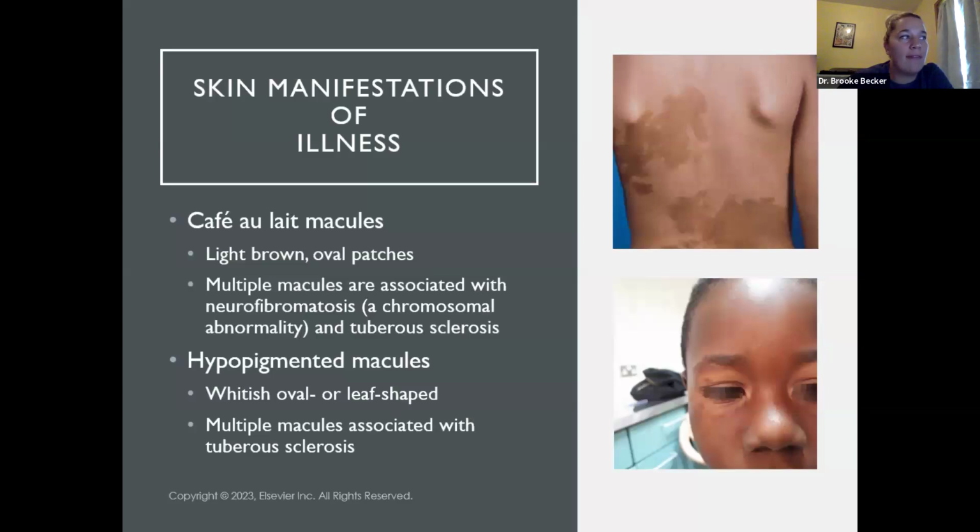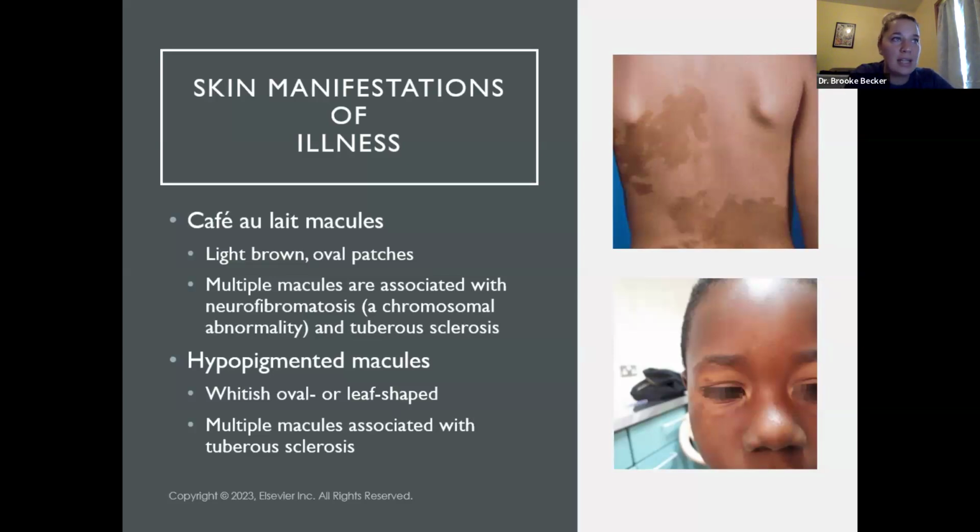Okay, cafe au lait spots or cafe au lait macules. That is what you see here. If they have more than one cafe au lait spot, especially more than 4 or 5, then you get concerned about neurofibromatosis, which is a chromosomal abnormality, or tuberous sclerosis.